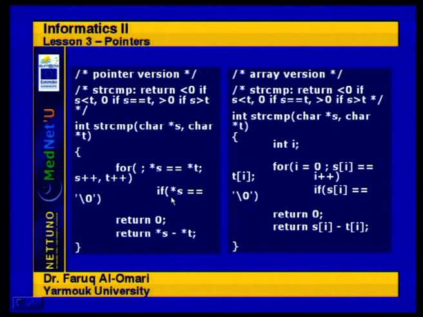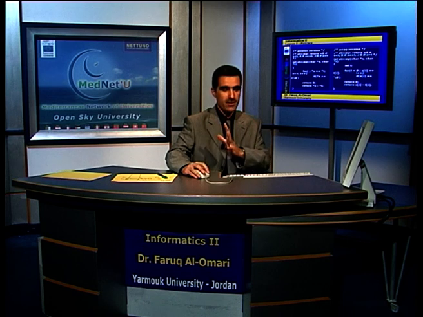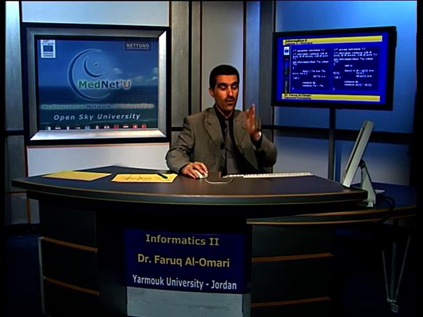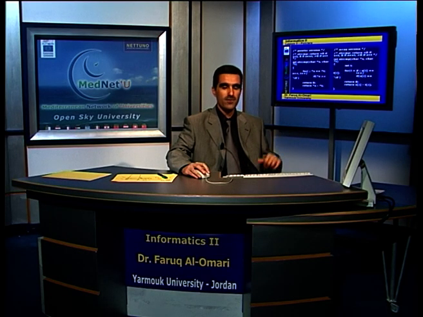Now I say if the character pointed by S equals the null character, then apparently I have reached the end of the strings, or one of the strings, and that's where I terminate. So I return a 0. That means I went through all characters, and all the time these two characters were equal. If that is the case, return a 0, and that's where the print statement displays that the two strings are equal.